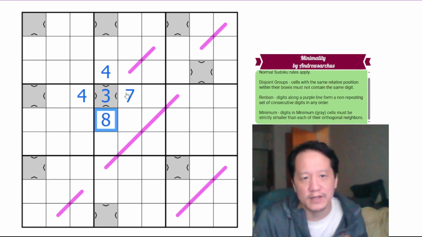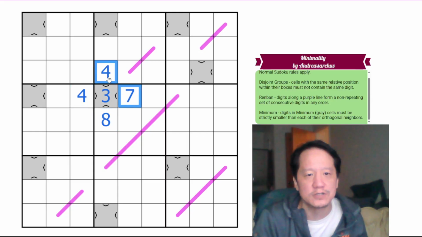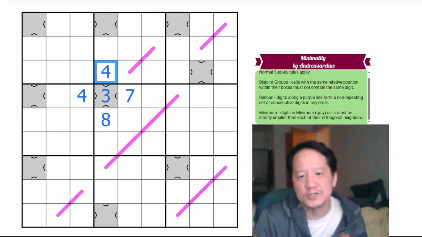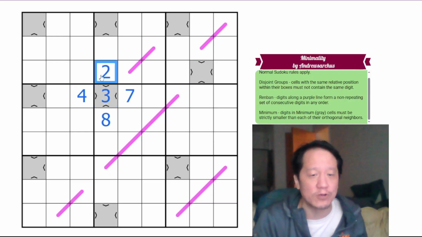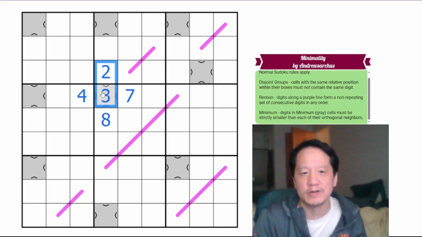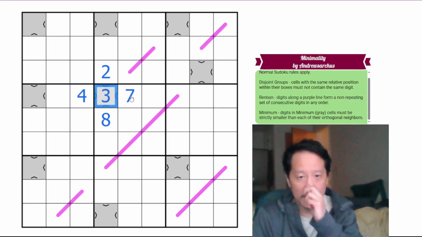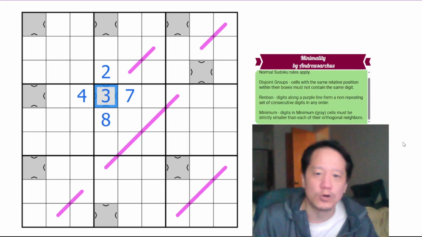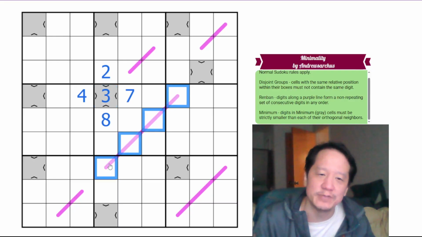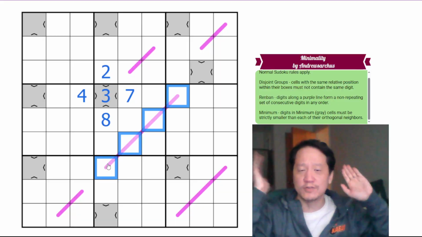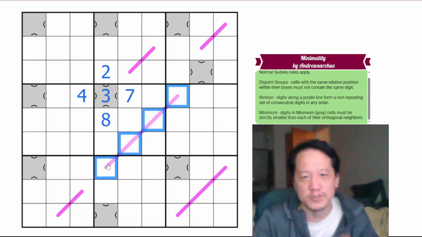And this would be valid because this 3 is obviously less than all 4 cells that it shares an edge with. This could not be, say, 2, because 2 is obviously less than 3, and it's not greater than 3, which it must be. 3 is not less than 2, I should say. That's probably the easier way of putting it. And that's an example of how minimum works, which is why this is called minimality, but it's also probably called minimality because this is probably a minimum amount of clues you can have to still solve this puzzle.